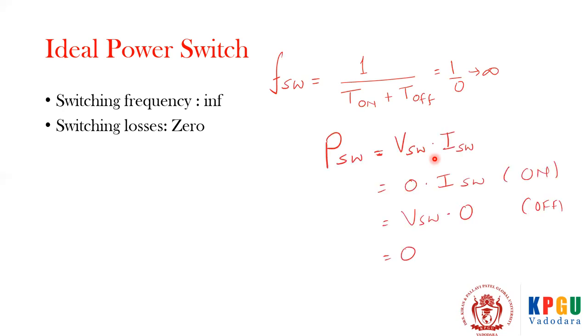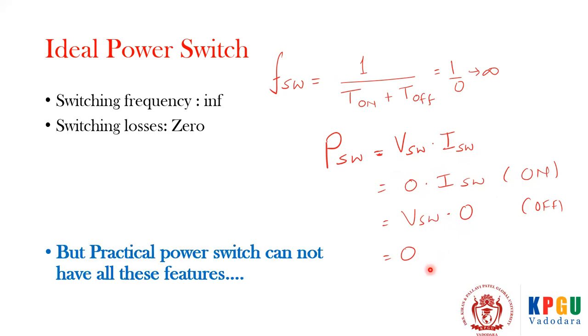What are switching losses? The voltage across the switch multiplied by the current through the switch, that product, is called switching loss. During turning on, if the switch is ideal, the voltage across it is zero, so power is zero. During turning off, the current through it is zero, so power is zero again. In any case, the switching losses should be zero in an ideal power switch.